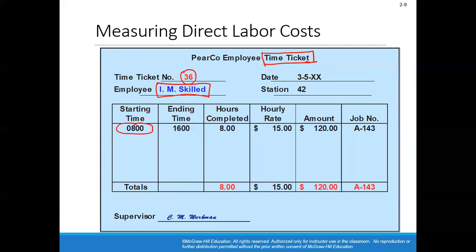This employee has a particular ID, and it also scans the job ID, for what job you are now assigning yourself to, or what job we are assigning you to. So this is during the starting time.